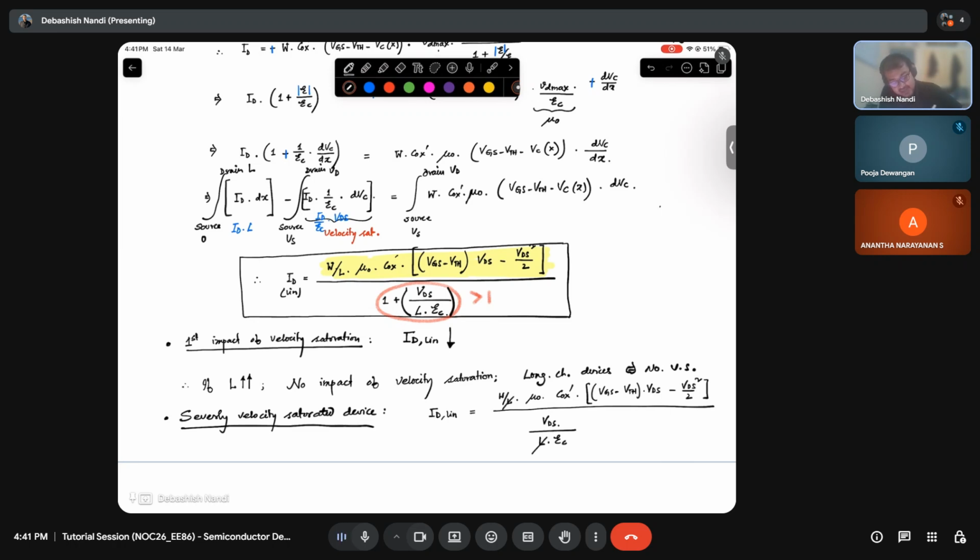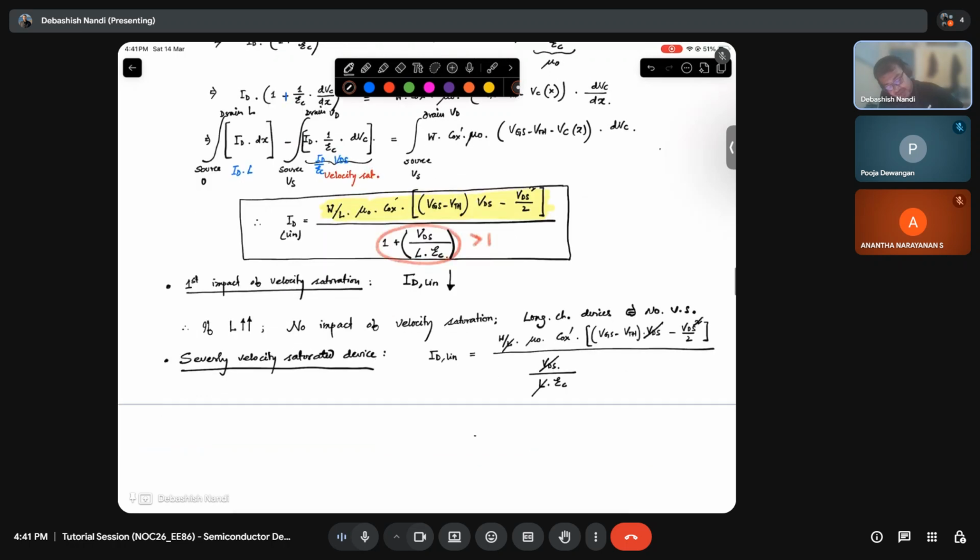L cancelled, VDS cancelled, and if I write this down, this will become W times Cox times mu 0 EC times VGS minus VTH minus VDS by 2.